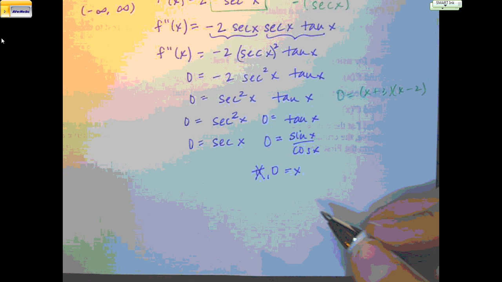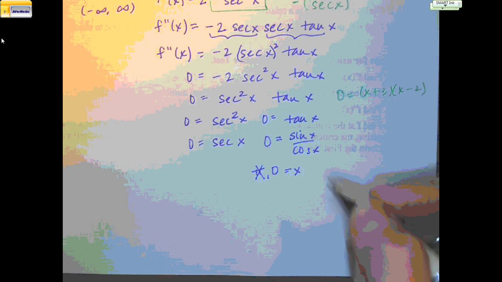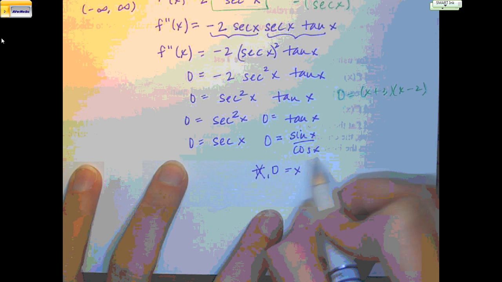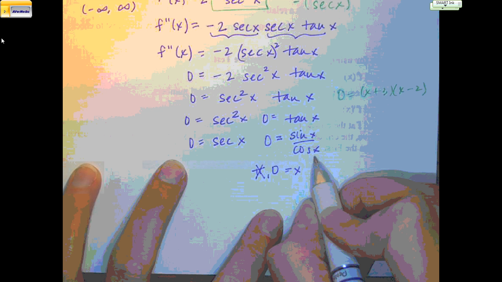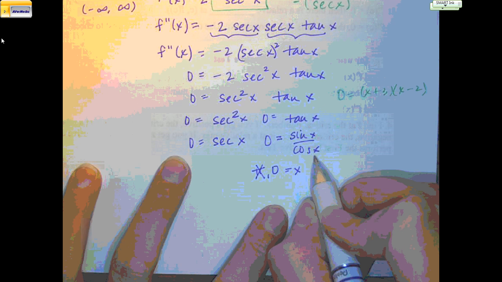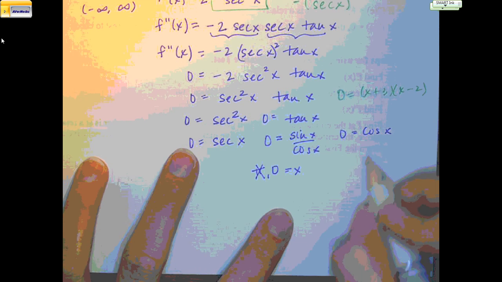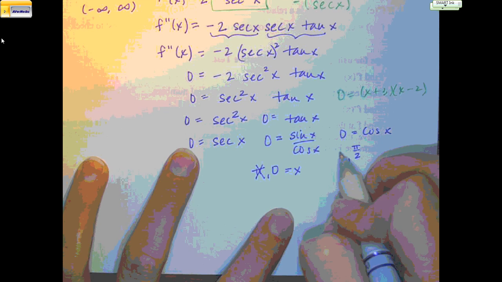What about this cosine guy on the bottom? Do we have an issue where maybe cosine shouldn't be 0? Where is cosine 0? Pi over 2? Negative pi over 2?